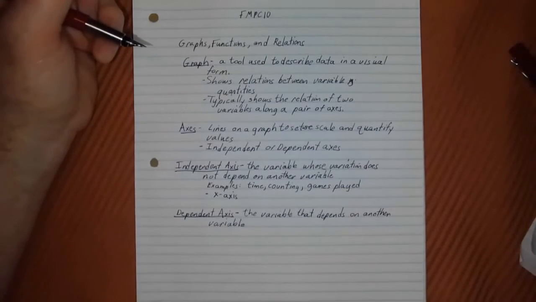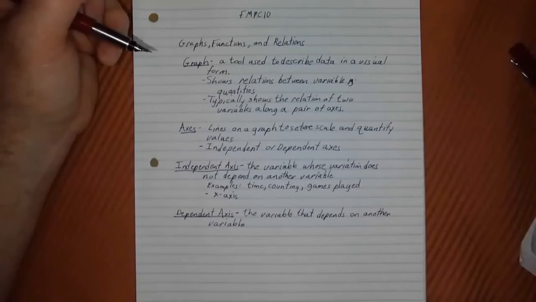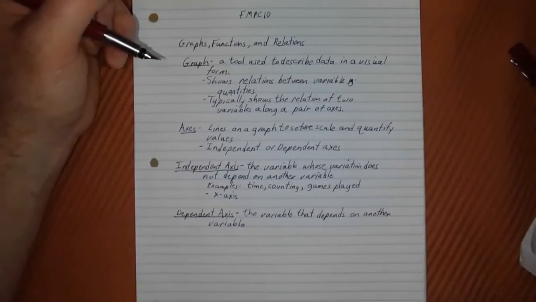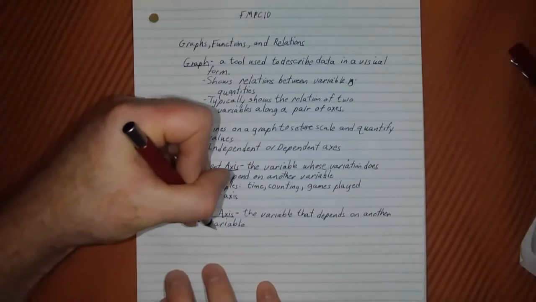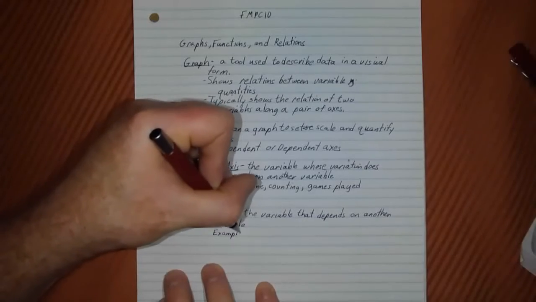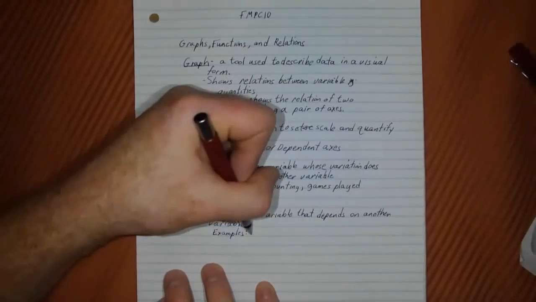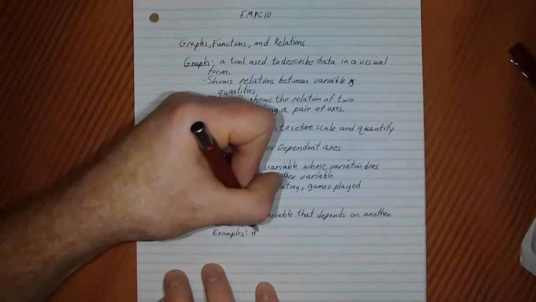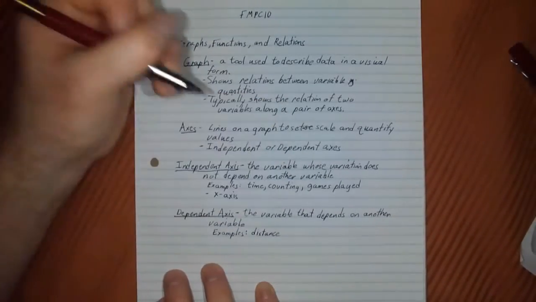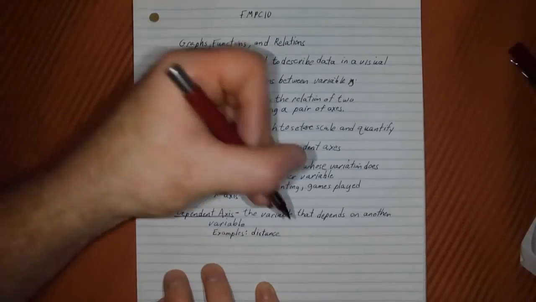So, let's say I'm measuring time and distance. Well, time is my independent one. It doesn't matter. Time's always going to progress forward. If I want to measure distance traveled per time, I need to know my distance. That would be my dependent.